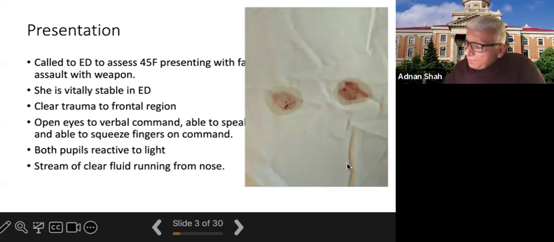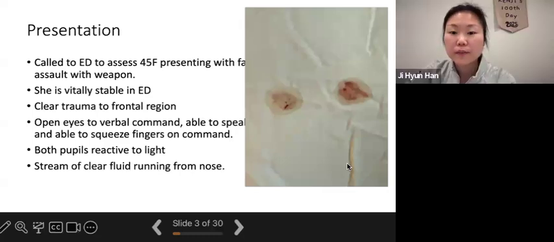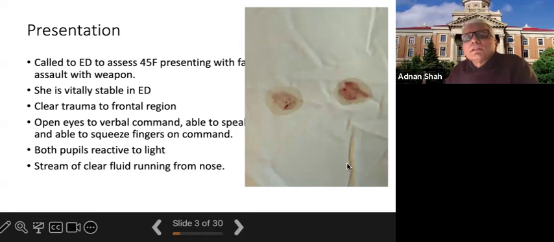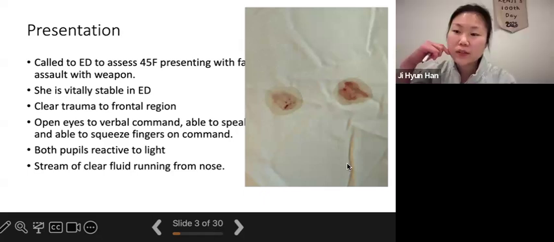Name a few ways to test for CSF leak. So you can do the halo sign. You can also do the tram track sign. Where do you see that? If it's coming out, you see the CSF fluid on the sides and then the blood in the middle.